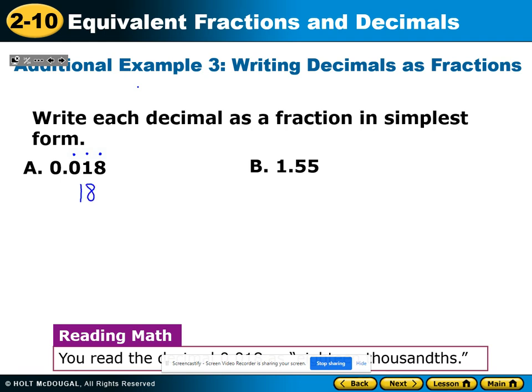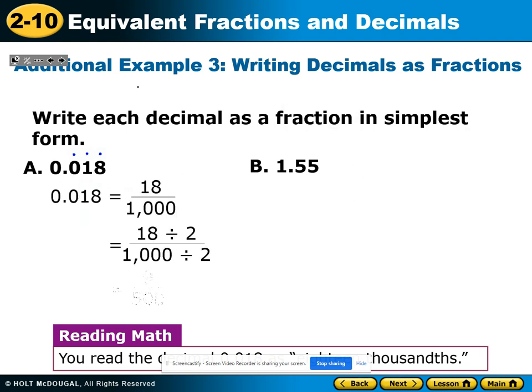I put 18 over 1,000. But they said simplest form, so I divide by 2 over 2, and I get 9 over 500. If we say it correctly, the place value will give us what the fraction looks like. 9 over 500, 18 thousandths.